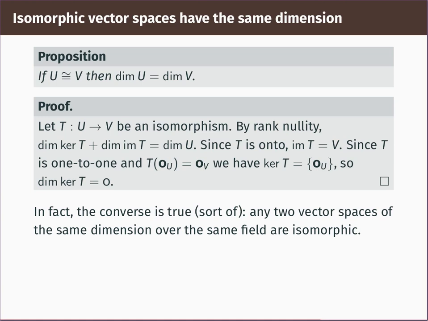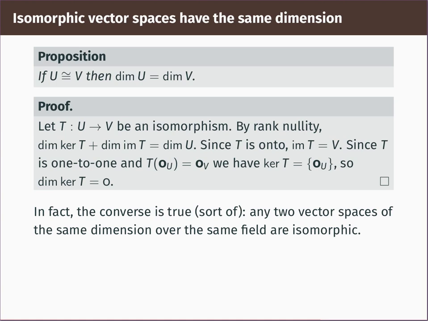Okay, let's see some properties which isomorphic vector spaces must have in common. And one of them is that if U is isomorphic to V, then the dimension of U is equal to the dimension of V. So the general principle here is that if two vector spaces are isomorphic, then they should have exactly the same properties as vector spaces.